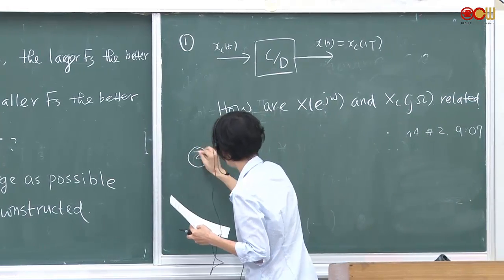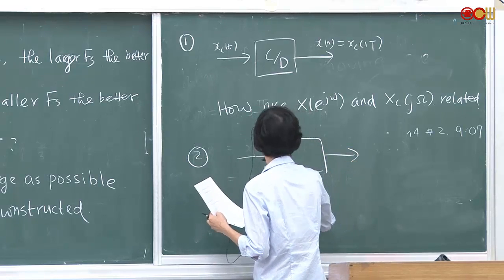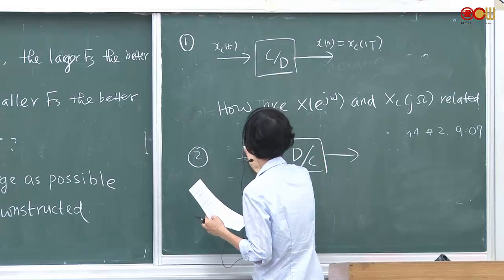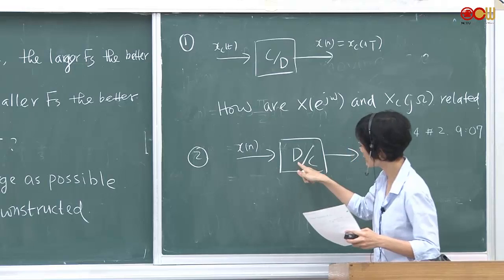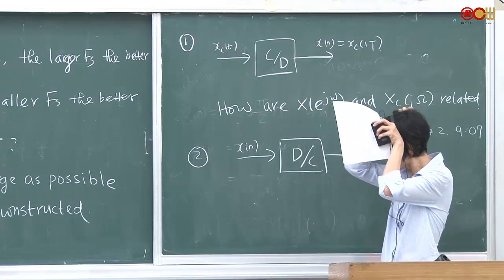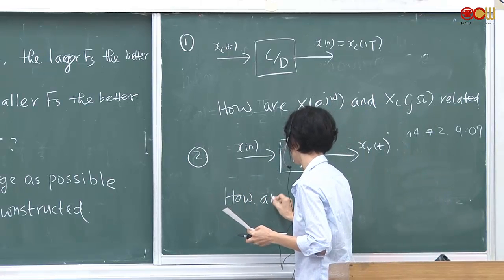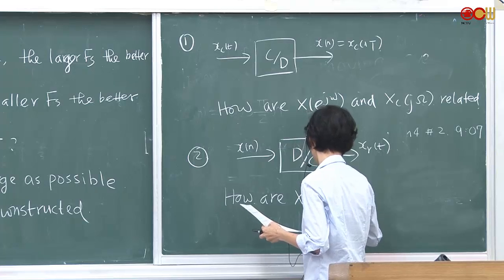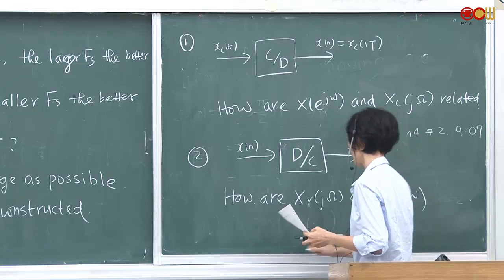And as far as reconstruction is concerned, we would have a D to C converter that converts a discrete-time sequence to a continuous-time signal. Okay. So we would like to know how Xr(jω) and X(e^jω) are related.